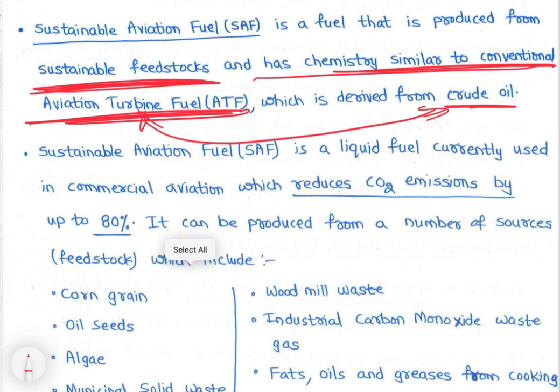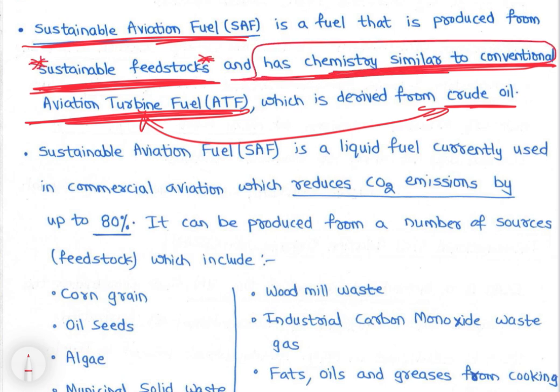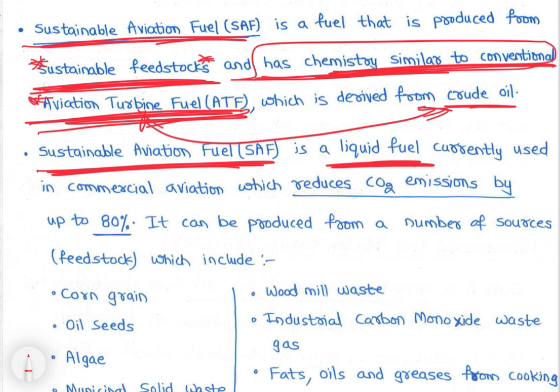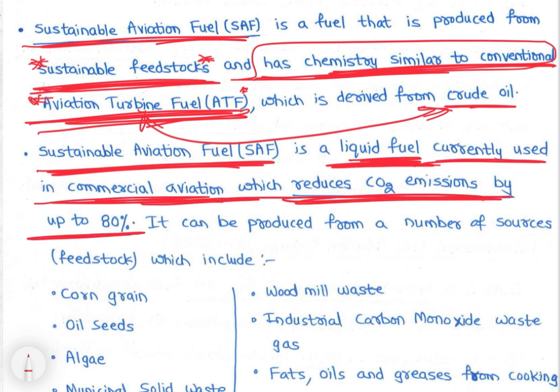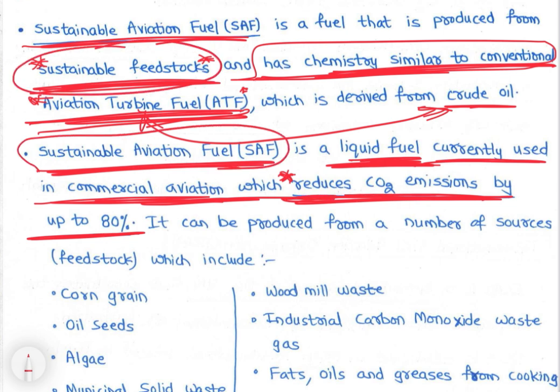And aviation turbine fuel is very expensive and it also causes pollution. Sustainable aviation fuel comes from sustainable feedstock and has chemistry similar to conventional aviation turbine fuel. It is a liquid fuel, just like aviation turbine fuel is also a liquid fuel, right? Currently used in commercial aviation, which reduces CO2 emissions by 80%. So it is sustainable, right? One, it comes from sustainable sources, and two, it is reducing CO2 emissions by up to 80%, right?